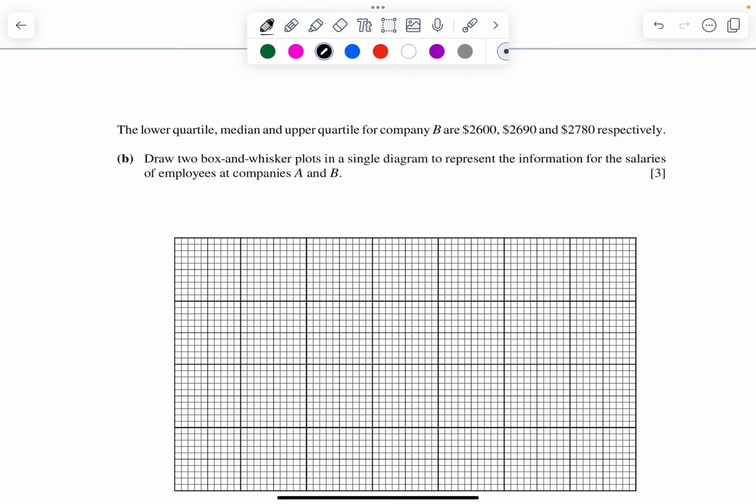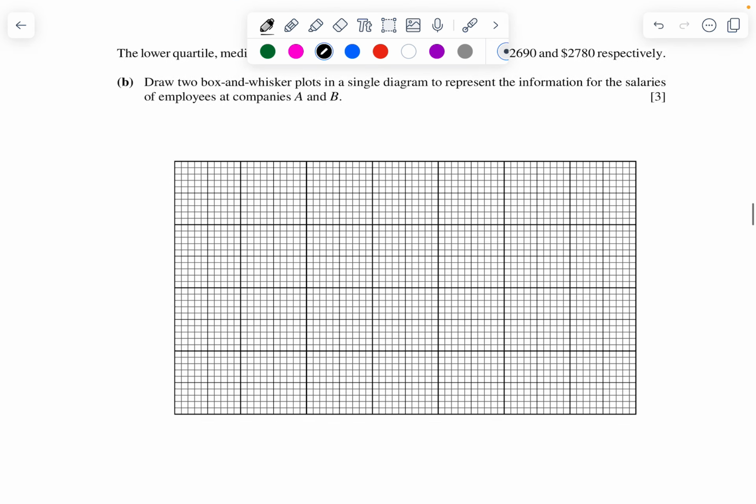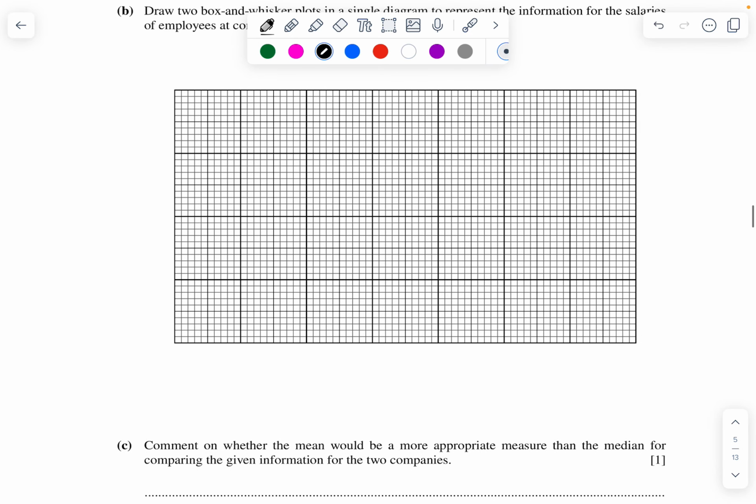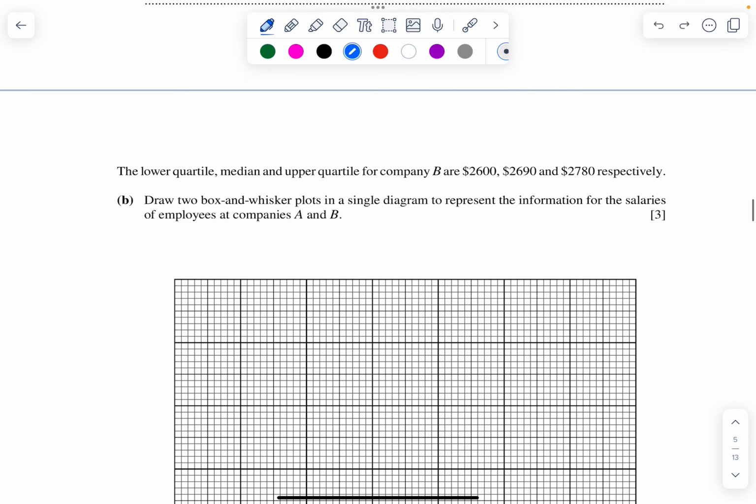The lower quartile, median, and upper quartile of company B are given. Draw the box plots. First of all, I am going to write the values for both A and B. For A, the minimum value is 2560, lower quartile is 2610, median 2710, then upper quartile, and then the highest value.